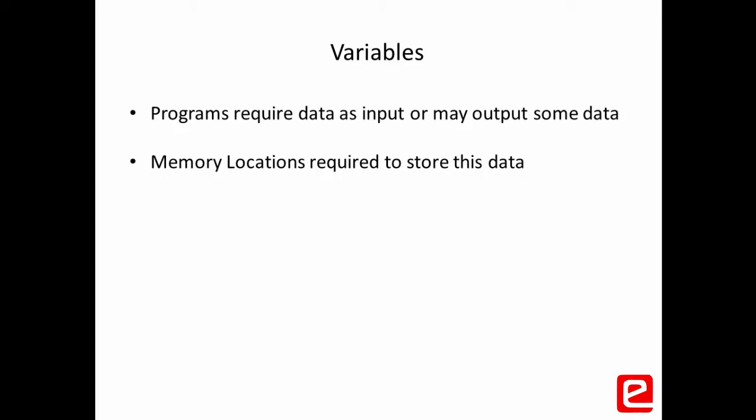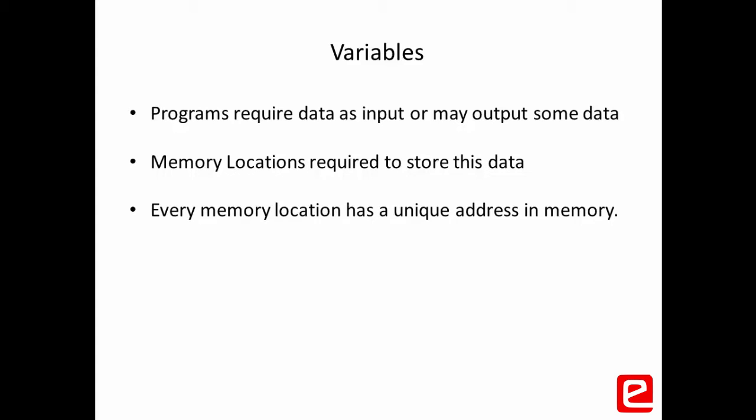Every memory location has a unique address which is used to identify that particular location inside a computer's memory. So in order to store some data, I need to know the address of that particular memory location.